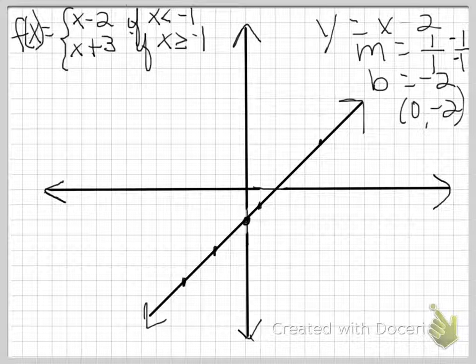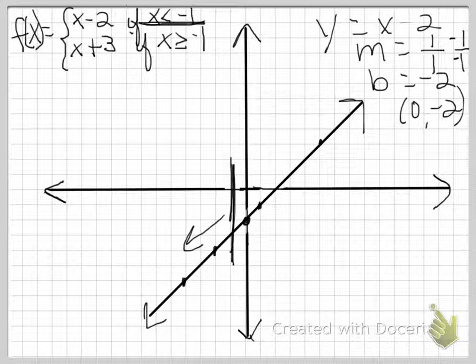Okay, so notice I graphed the entire equation. Now look at this restriction. X is less than -1. So that means that's kind of like your boundary point. Where is -1? Right here. What's to the left of -1? This graph over here is to the left.